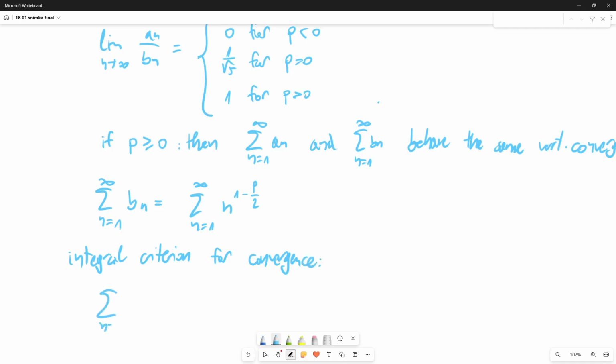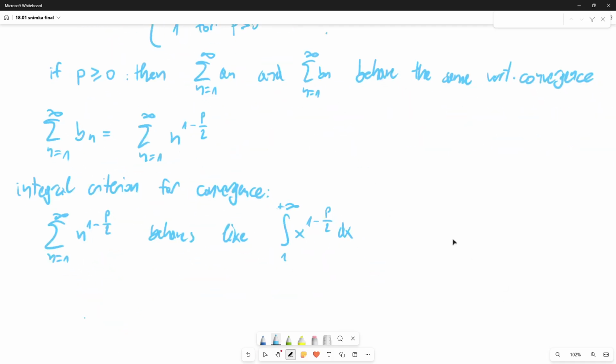Our series of n to the power of (1 minus p) over 2 behaves like the integral of x to the power of (1 minus p) over 2 dx, where x goes from 1 to plus infinity. Their behavior is the same with respect to convergence.